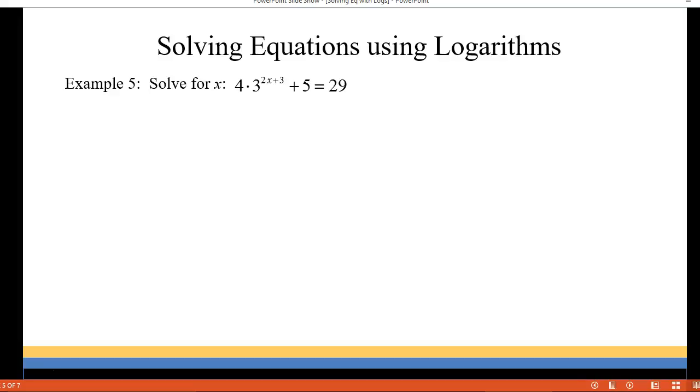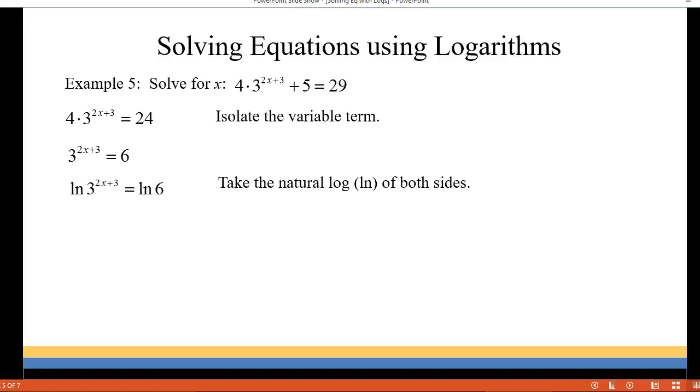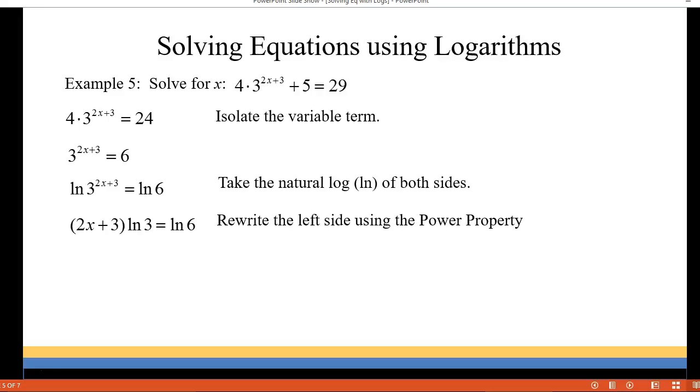For our next example, we have 4 times 3 to the 2x plus 3 plus 5 equals 29. So again, we're going to isolate the variable term by bringing the 5 over to the other side, so I got 24. And then I divided by the 4. So I've isolated the term with the variable as an exponent. Now that I did that, I can take the log of both sides. Then use your power property to bring the exponent in front of the log.